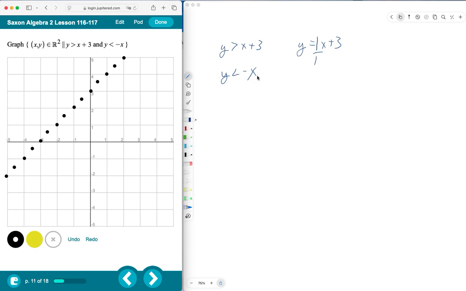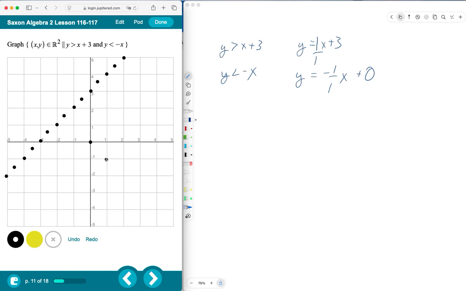This one's a dotted line also, so I'm going to do it the same way. Here, y is equal to negative 1 over 1 x plus 0, because there is no number here. That plus 0 is my plus b, and it tells me where the line starts. The line starts here, but it goes down 1 over 1 because it's a negative slope.